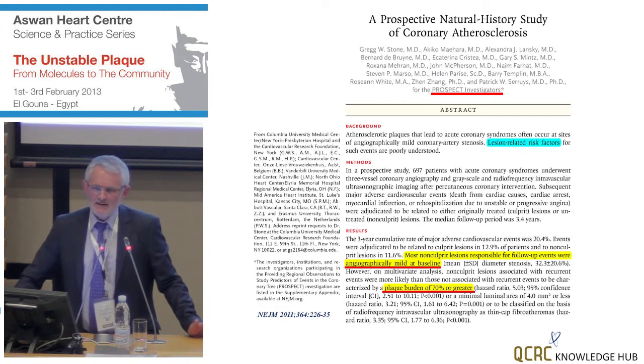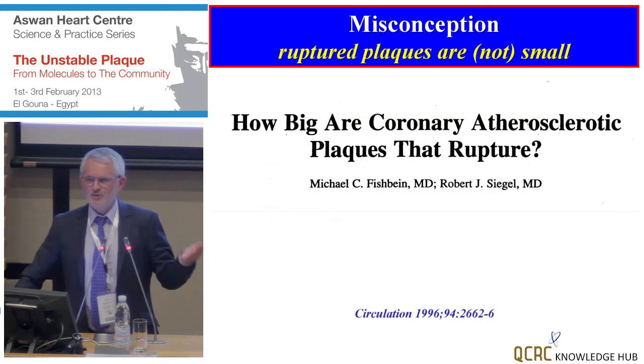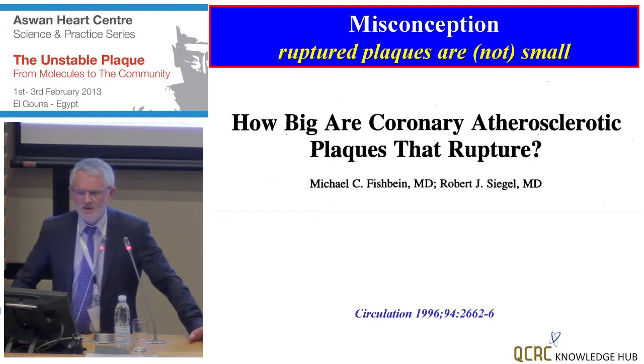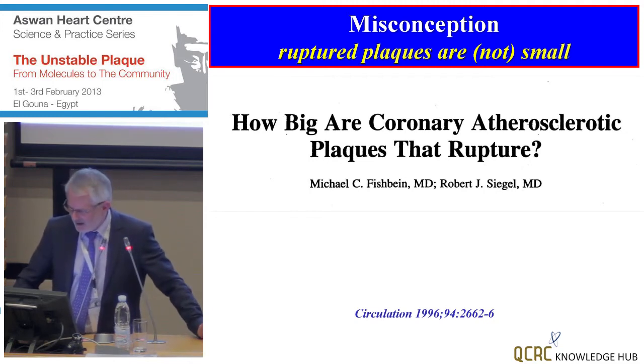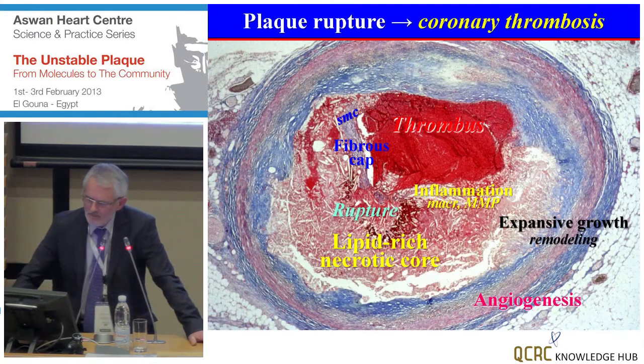Although they were mild angiographically, there was a large plaque burden detected by intravascular ultrasound, 70% plaque burden or greater. So there is, in fact, a huge lesion there. There's a big plaque, but you cannot see it by angiography. And these plaques you cannot see by angiography are characterized by expansive remodeling, a huge necrotic core, a thin fibrous cap and inflammation. So it's a dangerous lesion.